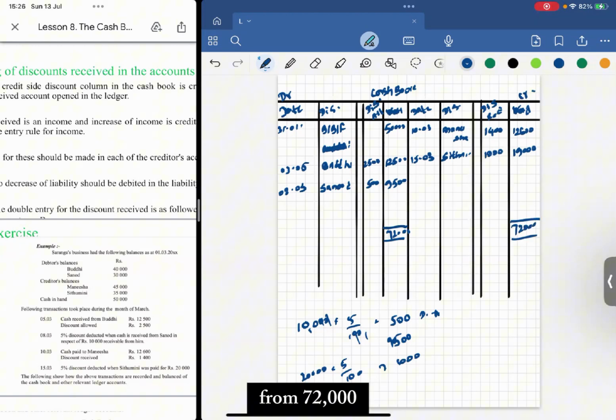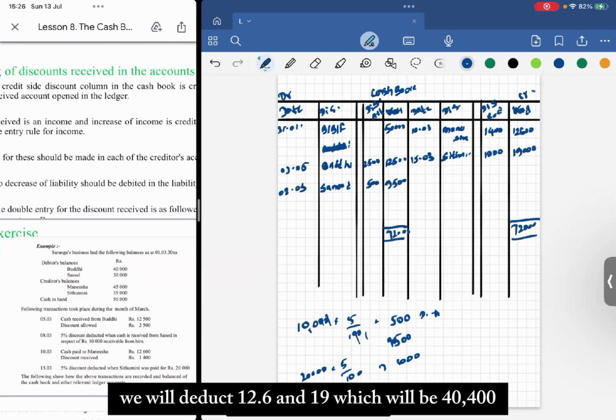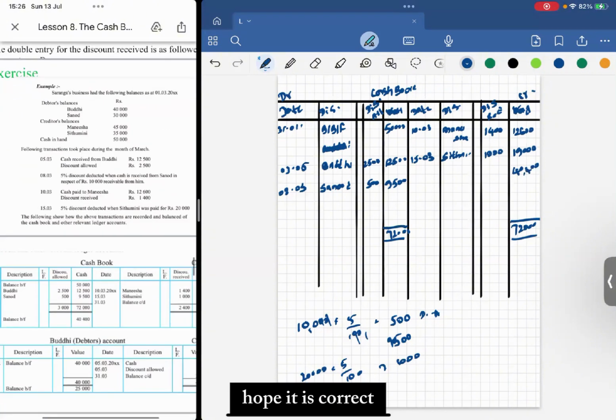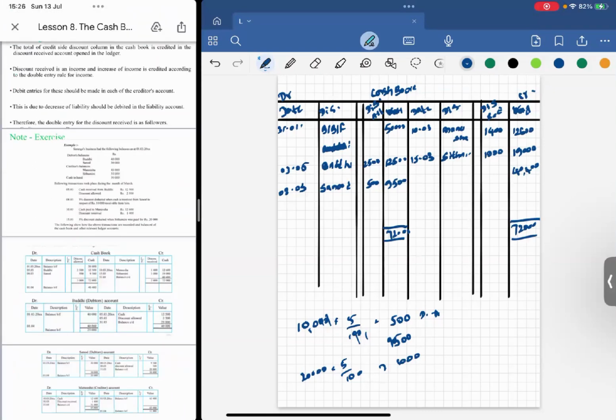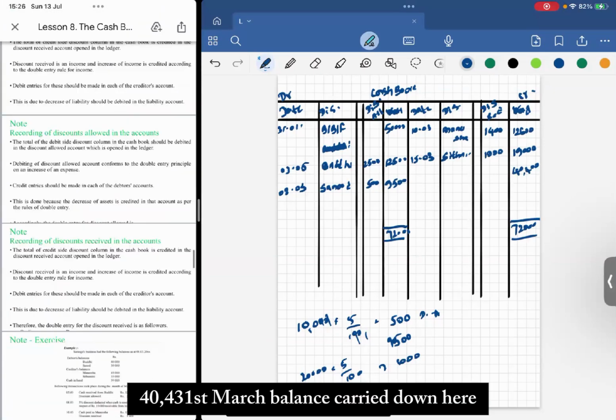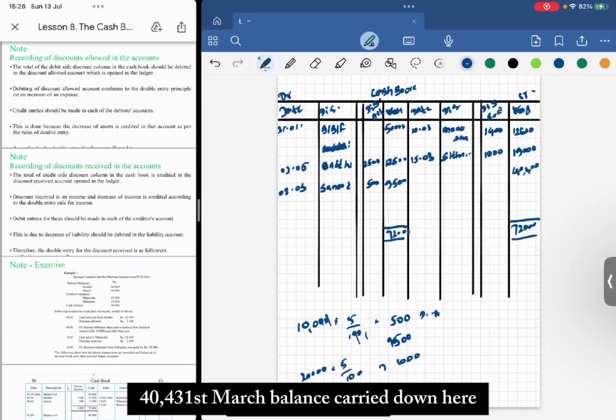From 72,000, we will deduct 12,600 and 19,000, which will be 40,400. Hope it is correct. Okay. 40,400. 31st March, balance carried down.